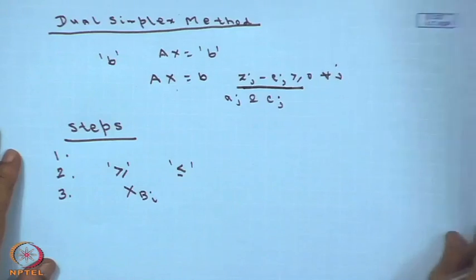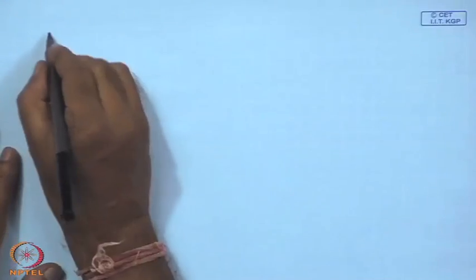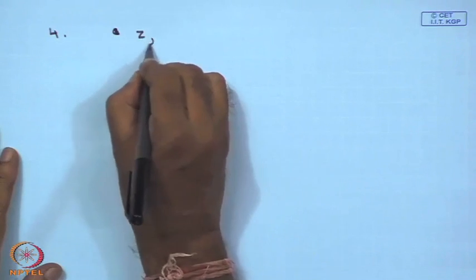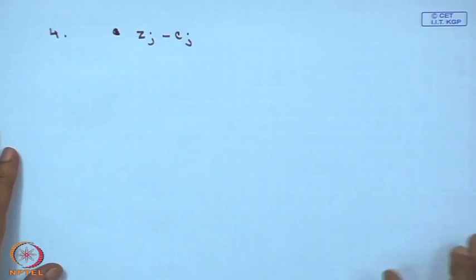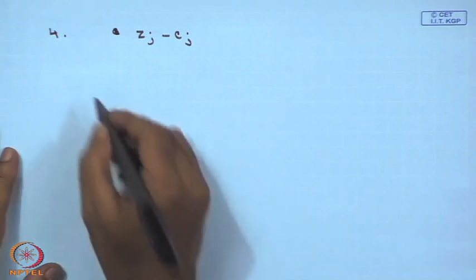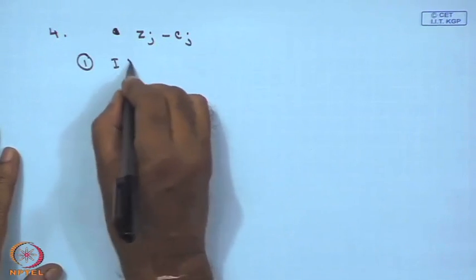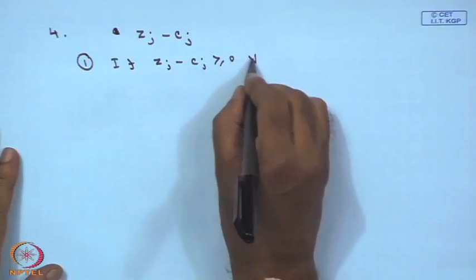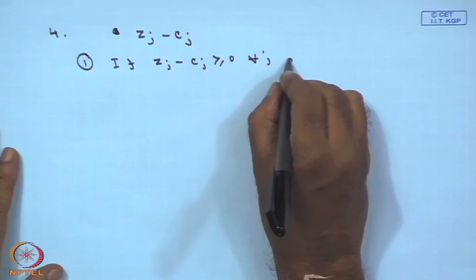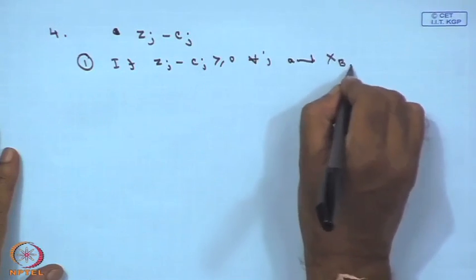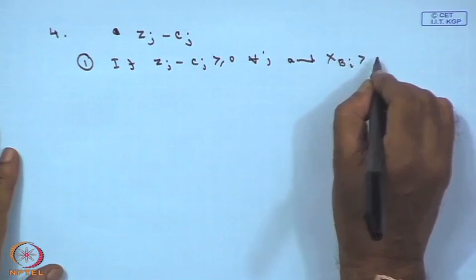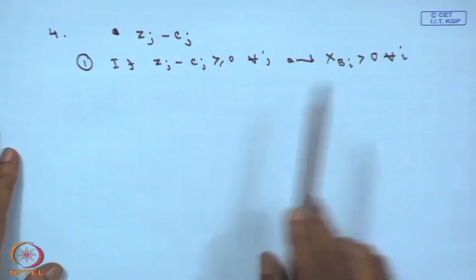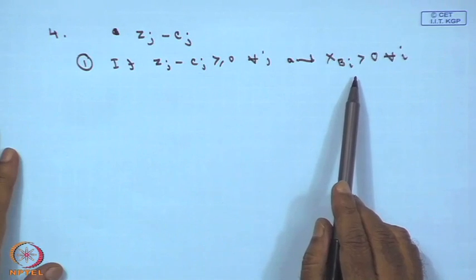Step number 4: compute the net evaluation, that is zj minus cj. What is the value of zj minus cj for all j? Number 1, if your zj minus cj is greater than equals 0 for all j and your xbi is greater than 0 for all i, that means both the optimality condition and the feasibility condition have been satisfied.